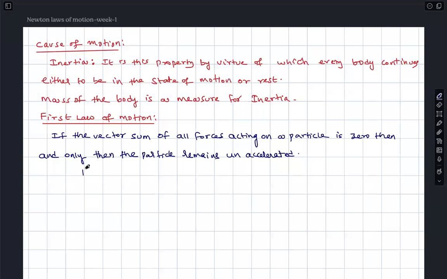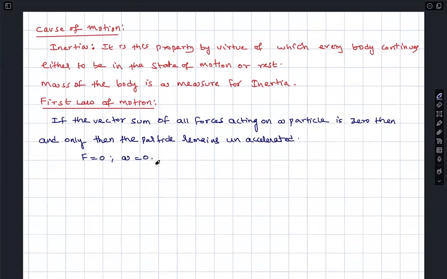It means if force is zero, acceleration is zero. That is the observation. Or vice versa. You can write it anyway.